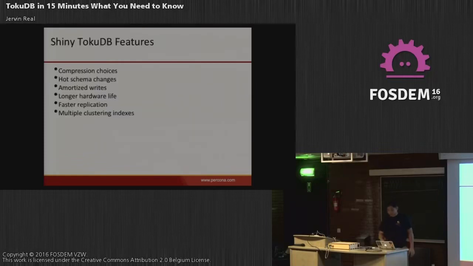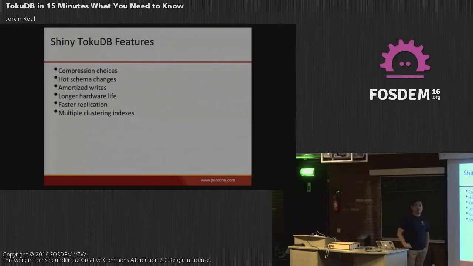And the shiny Tokudb features that you might have already read about are that you have a lot of compression choices: you have fast, you have quick, you have some high degree of compression like LZMA or Snappy.